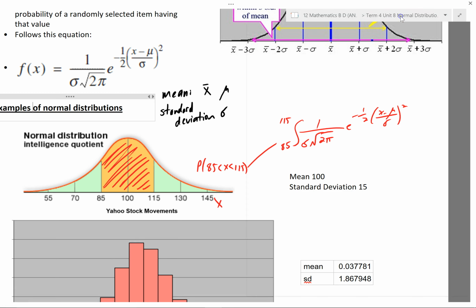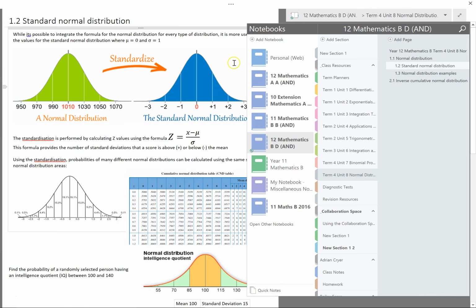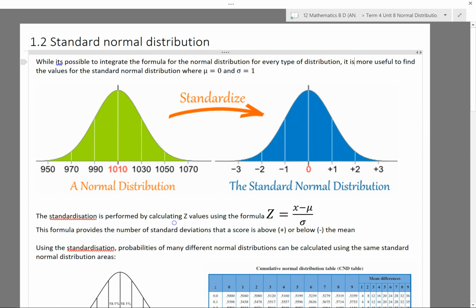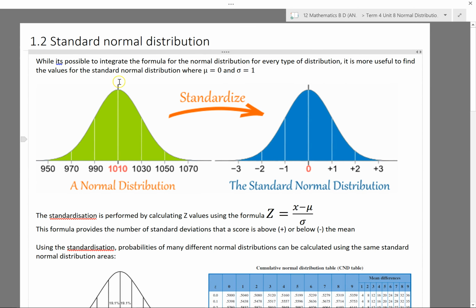So over the page, we have this idea of standardization. While it's possible to integrate the formula for every type of distribution, it's more useful to find the areas under the curve for one type of distribution and then use that for every other type.